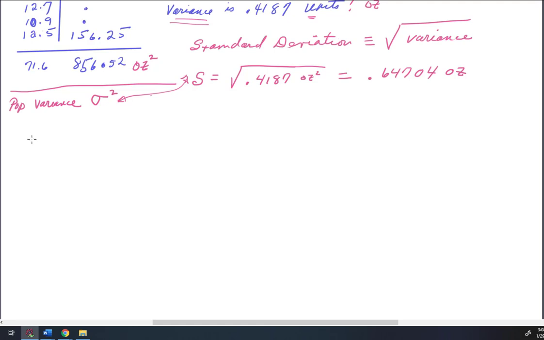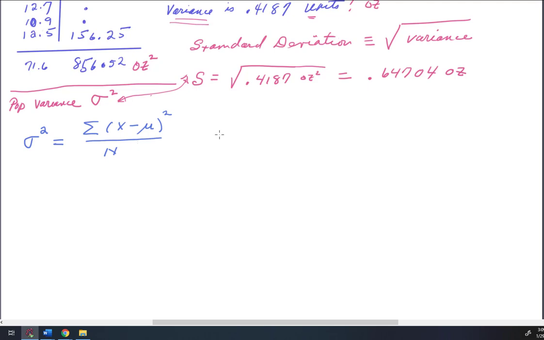So let me just write down what the formula would be for the population variance, and you're going to see that this is very similar. It would be sigma x, and now if we're doing parameters, instead of using x bar, which is an estimate of mu, I would use mu itself squared, divided by, and not lowercase n, not a sample size, but the number of items in the population, and not minus 1.